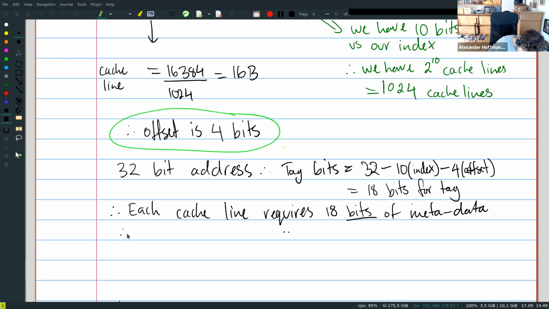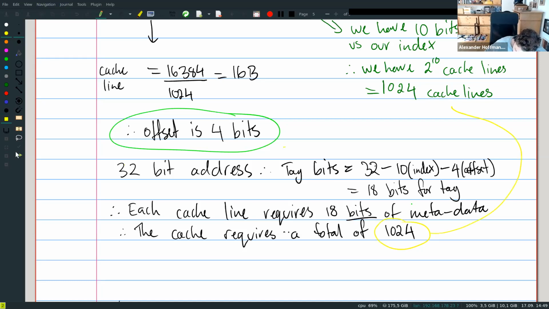Therefore, the cache requires a total of 1024, which is our cache lines, times by 18 bits.